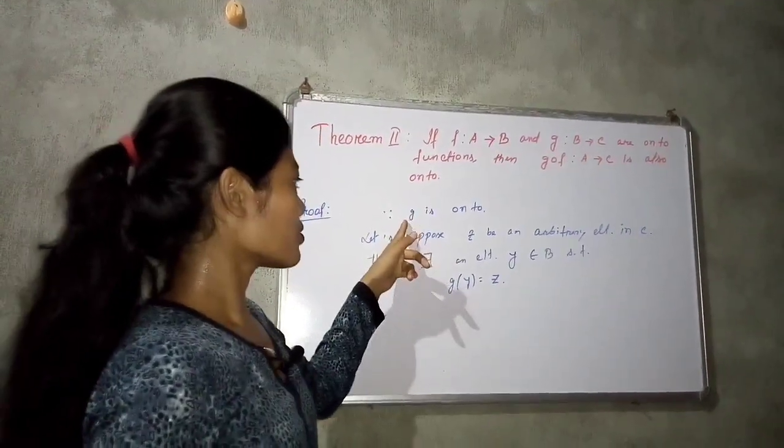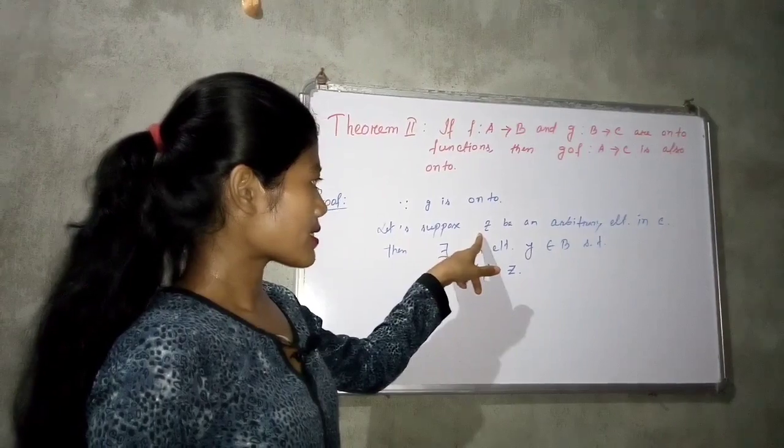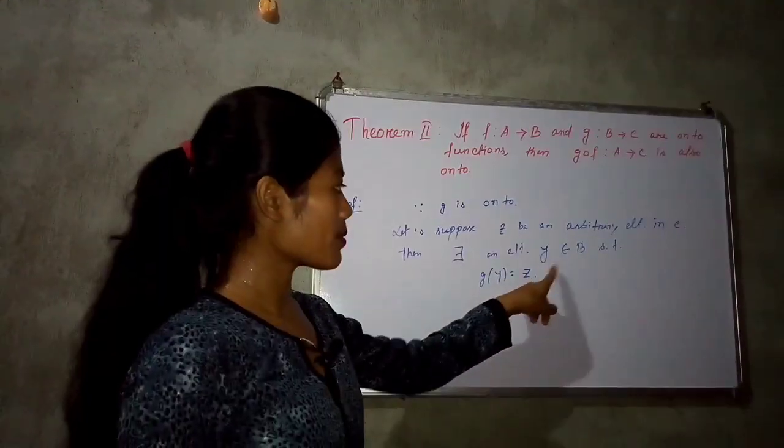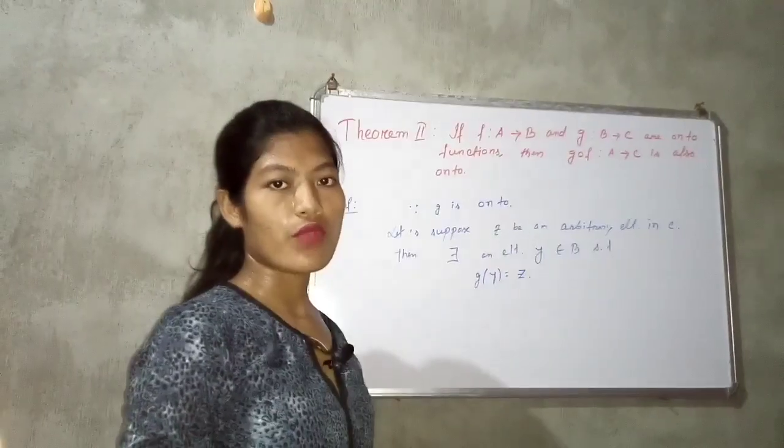Since g is onto, if we take z as an arbitrary element in C, then there always exists an element y belongs to B such that g of y equal to z.